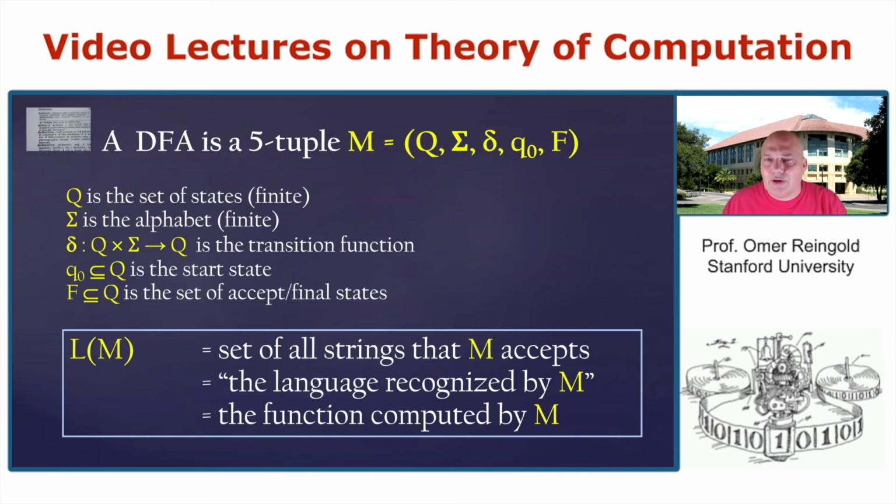Now we can talk about L of M, which is the language of all the strings that M accepts. Sometimes we'll call it the language recognized by M. Sometimes it's the function that is computed by M. So this is just all the strings that the machine computes.